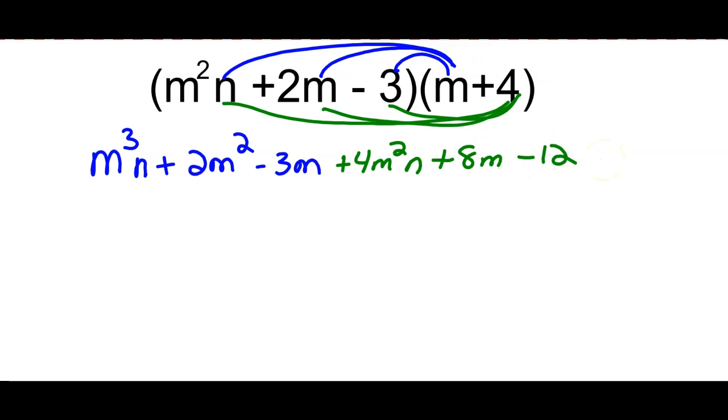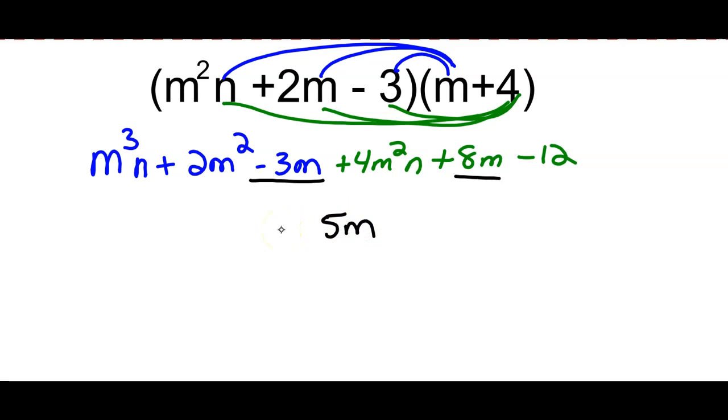And now I'm going to combine my like terms. I've got an m squared here, 4m squared n. Because it's not just m squared by itself, I can't combine those two. So I don't see any other m squareds, so nothing I can combine there. I don't see any other m cubed n's, or just, well actually I do have an m by itself, don't I? I got those two. So combining those I get 5m.